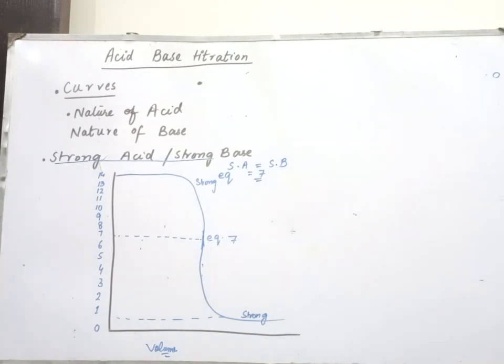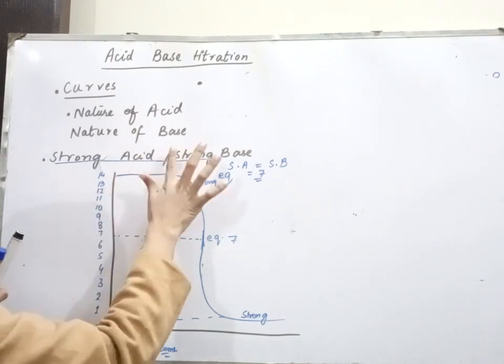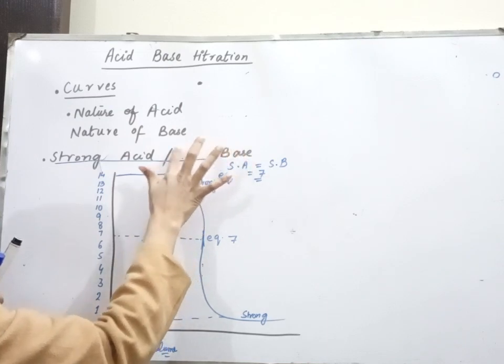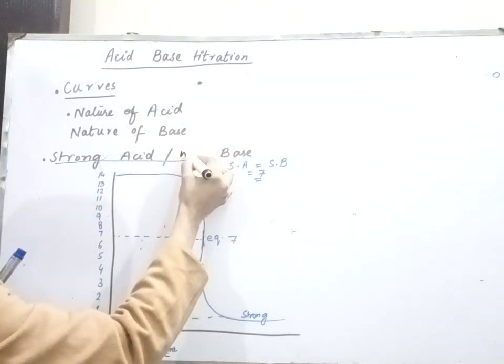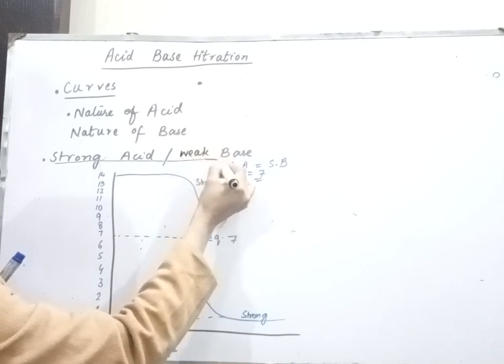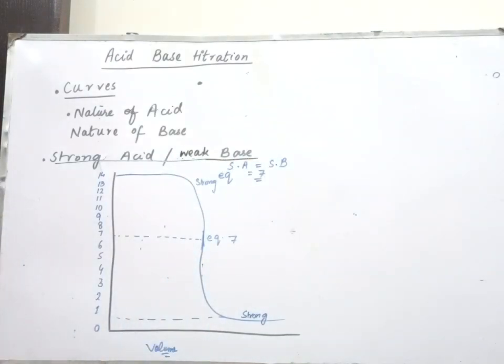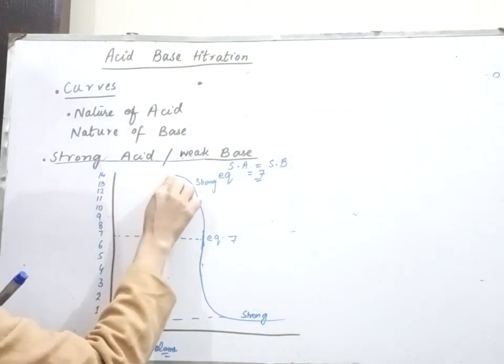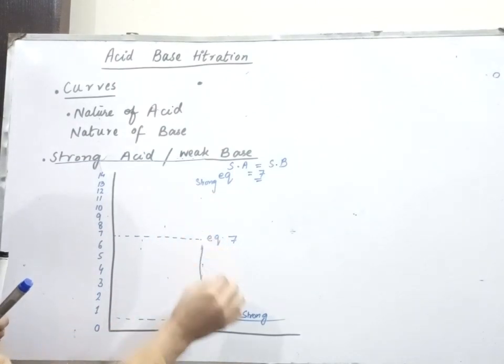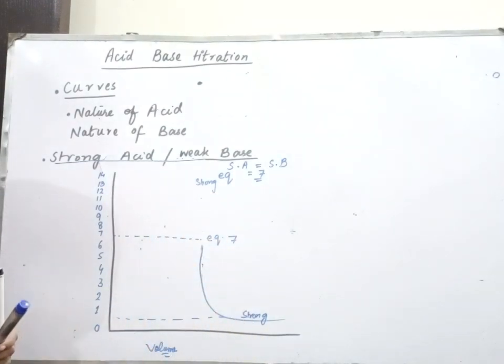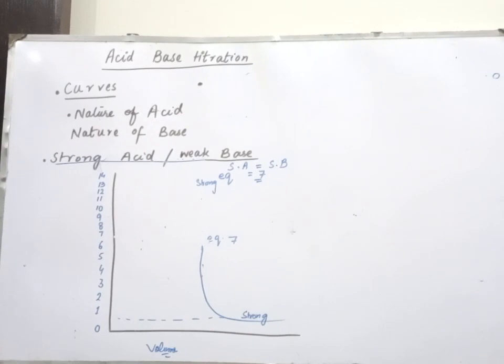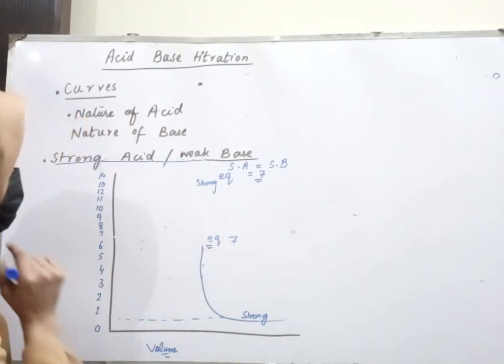If we change the graph to strong acid and weak base, what will be the difference? I will write weak base here. Due to the weak base, the change will be that for strong acid it starts from 1, and for the weak base the change will be at the equivalence point.